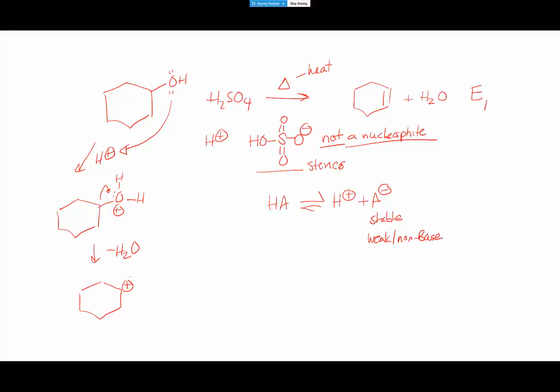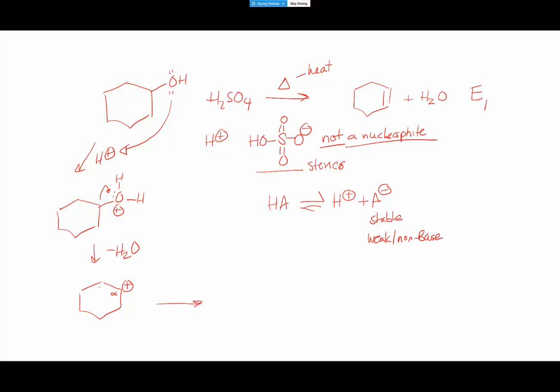But now when I form my carbocation, there's no nucleophile to come in and add. And so what's going to happen? It's going to undergo E1. So now my carbocation is my alpha carbon. There's 2 beta carbons here.